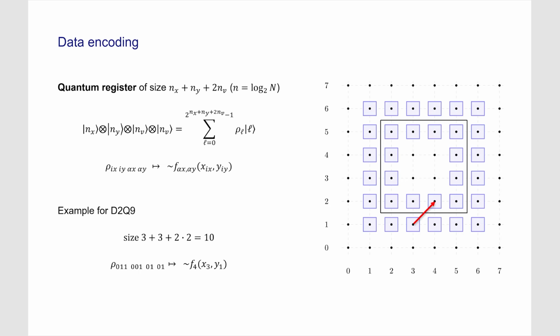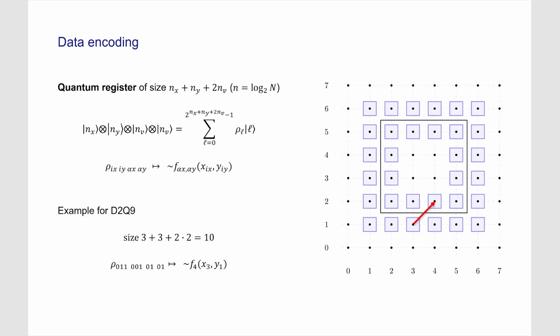The multiply comes from the Kronecker product. And then 2 for the velocity, because we are in 2D. This probability amplitude would correspond to the 4th velocity component at this grid position.